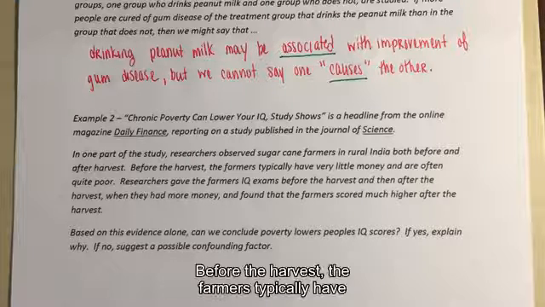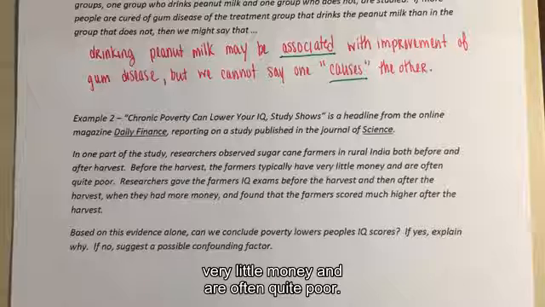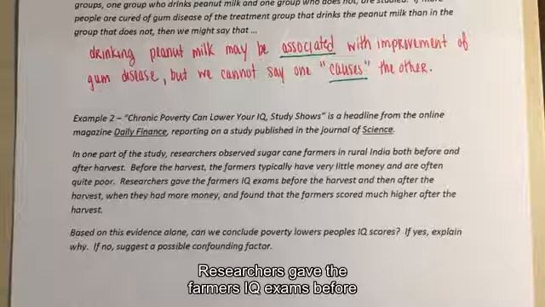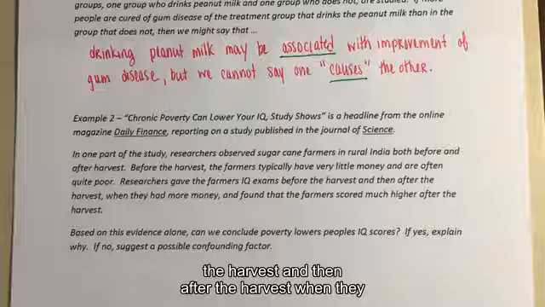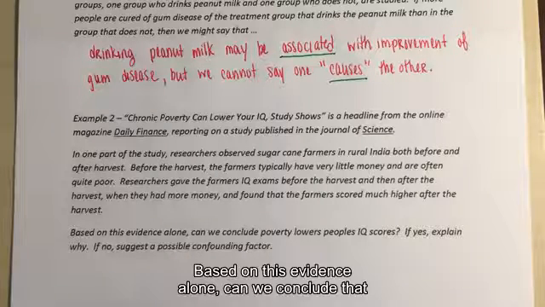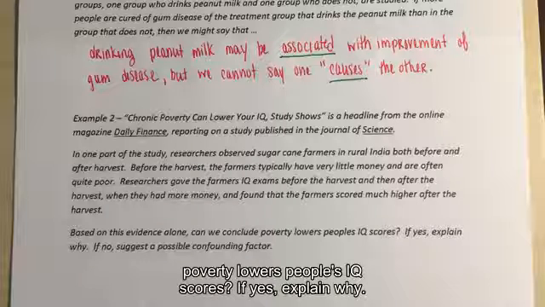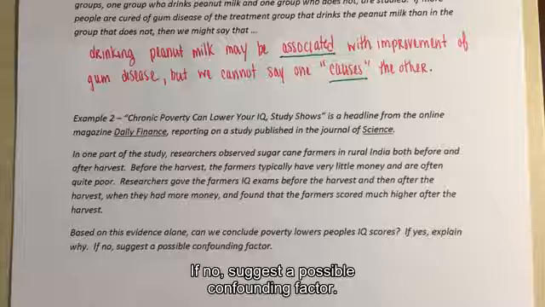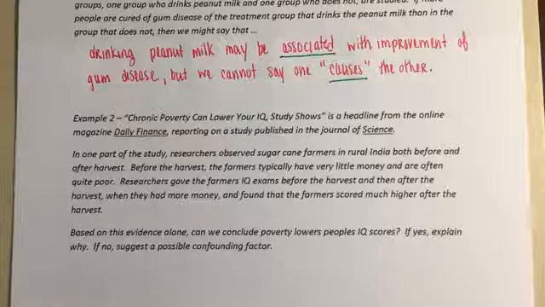Before the harvest, the farmers typically have very little money and are often quite poor. Researchers gave the farmers IQ exams before the harvest and then after the harvest, when they had more money, and found that the farmers scored much higher after the harvest. Based on this evidence alone, can we conclude that poverty lowers people's IQ scores? If yes, explain why. If no, suggest a possible confounding factor.